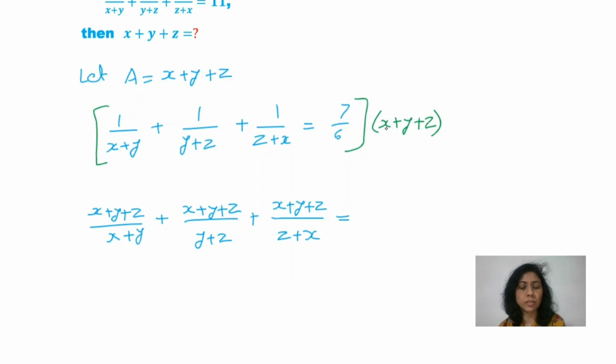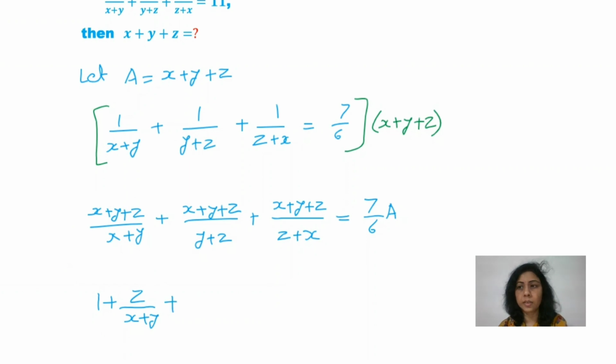So x plus y plus z we can write as a, so 7 upon 6 a. Here if we divide x plus y by x plus y we get 1, and this is z divided by x plus y. We simplify like that.